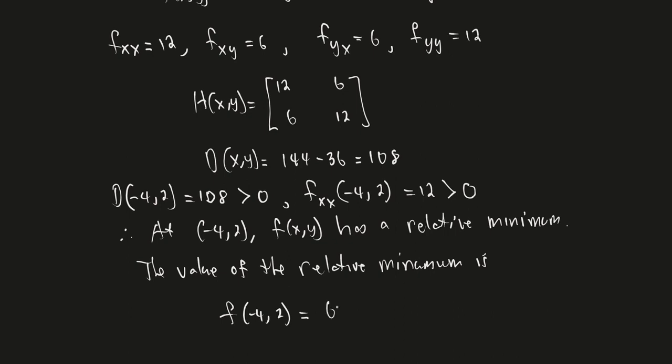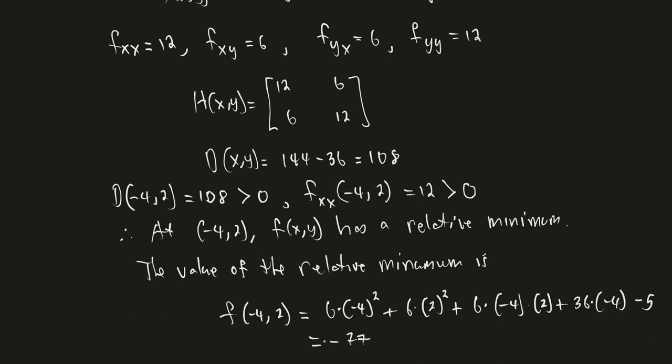So you'll have your 6 times -4 squared, and then plus 6 times 2 squared, and then plus 6 times -4 times 2, and then plus 36 times -4, and then minus 5, which comes out to be -77, right? So this is where the relative minimum occurs, and this is its value.